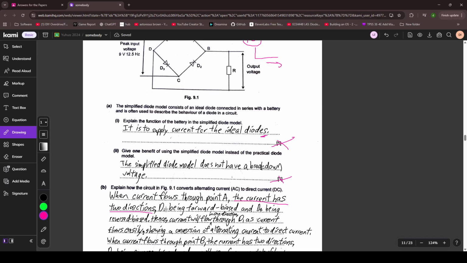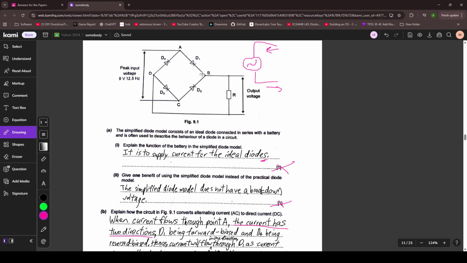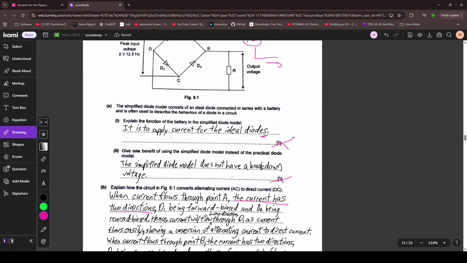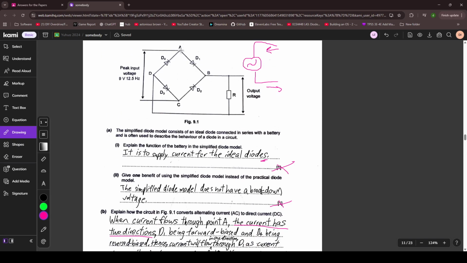It causes D1 to become forward biased, and it causes D4 to become reverse biased. Therefore, current will flow in one direction. Oh, no, no. Oh, you mean, when it gets to point A, it can go either here or here.